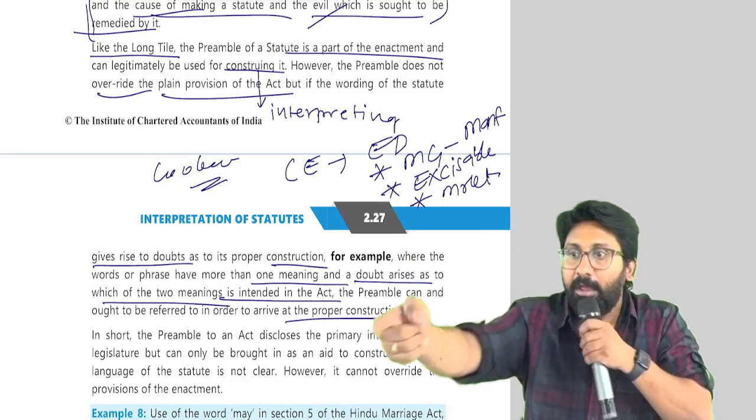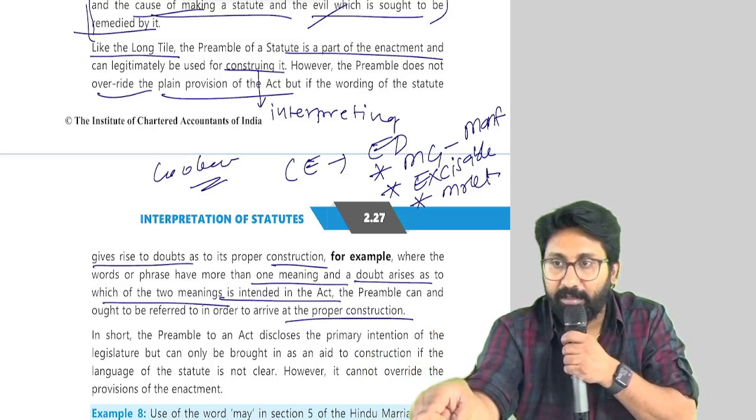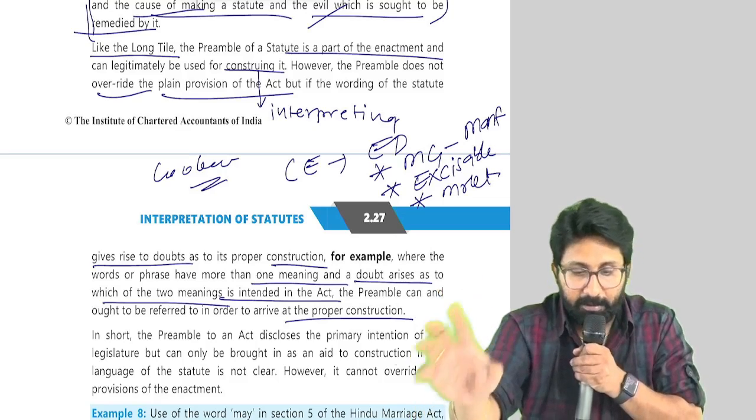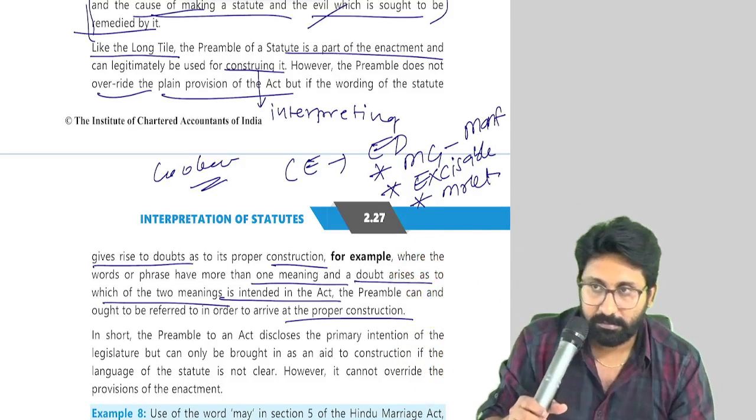Understood the point clearly? How many points have you written? What is the fourth point? The preamble cannot override the plain provision of the act. Continue. Point number 5.